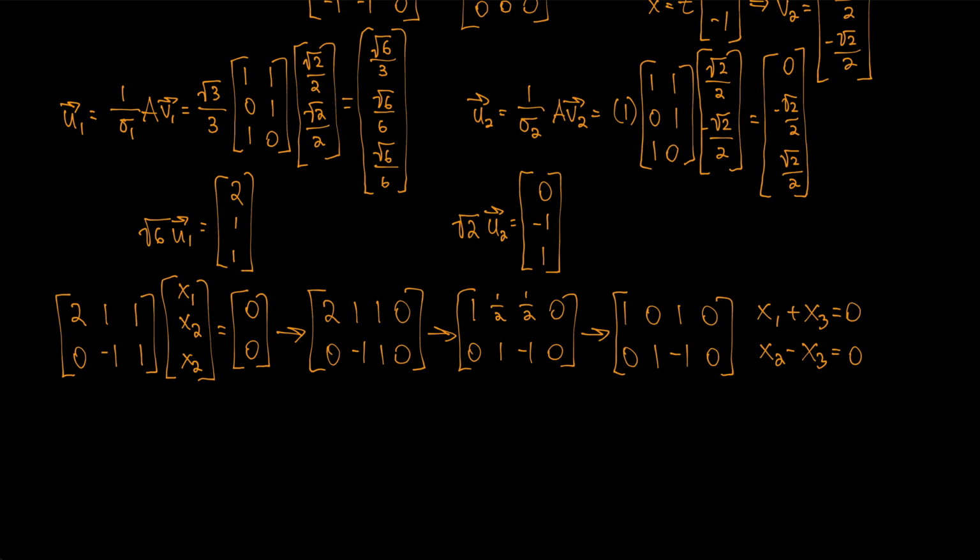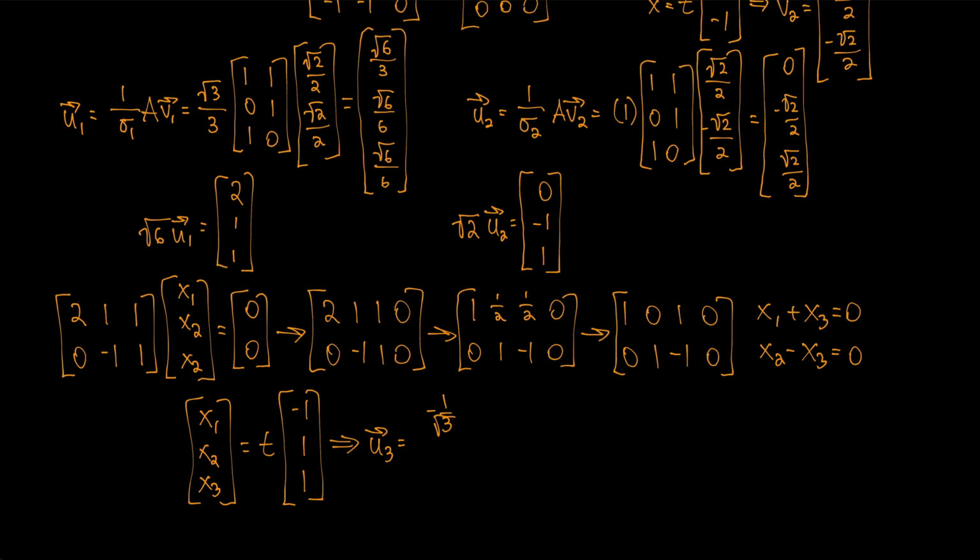Therefore we can set x1, x2, x3 equal to t times, we'll make x3 t, so then x1 is minus t, so we have minus 1, 1, 1. We factor out t, which gives us a u3 of minus 1 over rad 3, 1 over rad 3, 1 over rad 3 after we normalize.